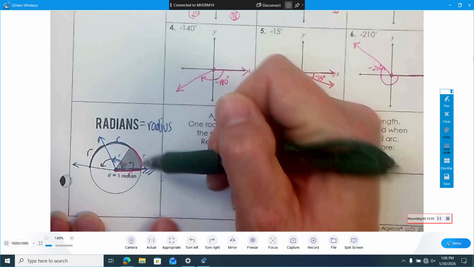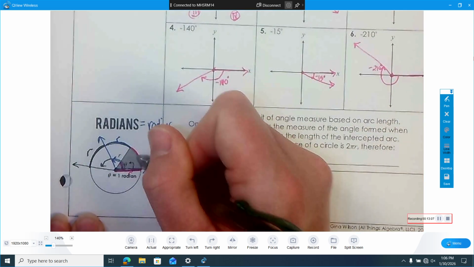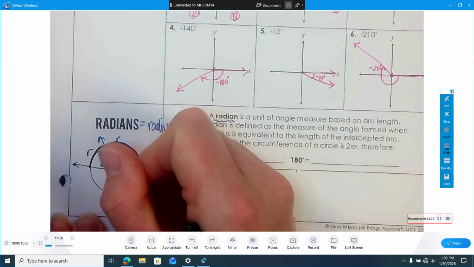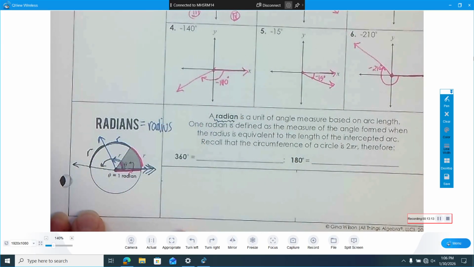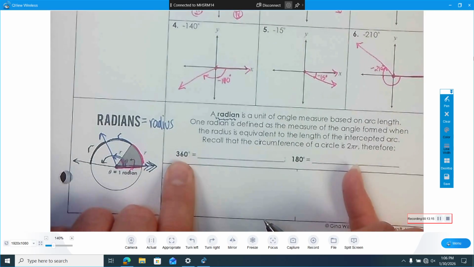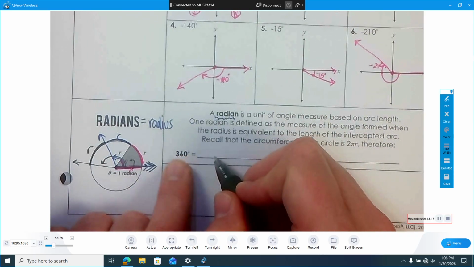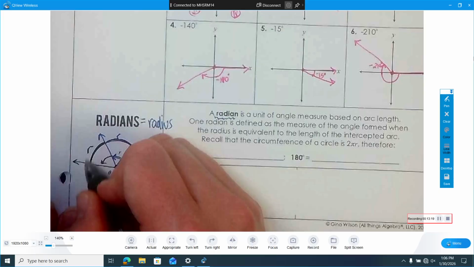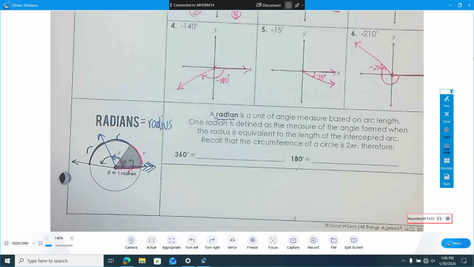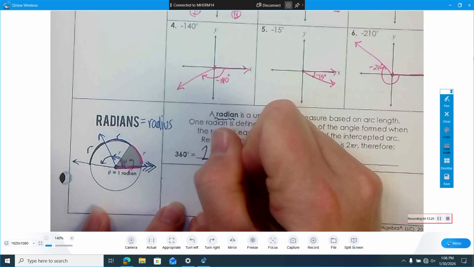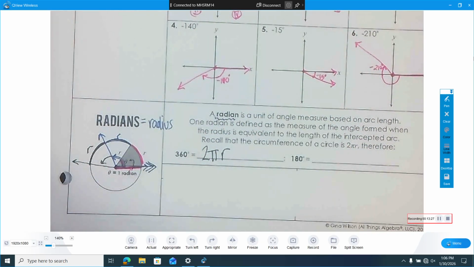So what we're sweeping out is a piece of the circumference of the circle. 360 degrees would be equal to a whole rotation of the circumference. The circumference we know from geometry is 2 pi times r.